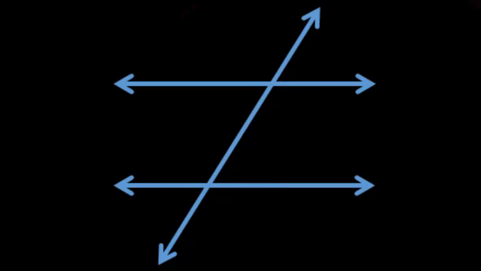Now, these angles have some very special properties. If you notice, what we have between this angle and this angle is a supplementary angle, because those two angles together create a straight angle of 180 degrees.